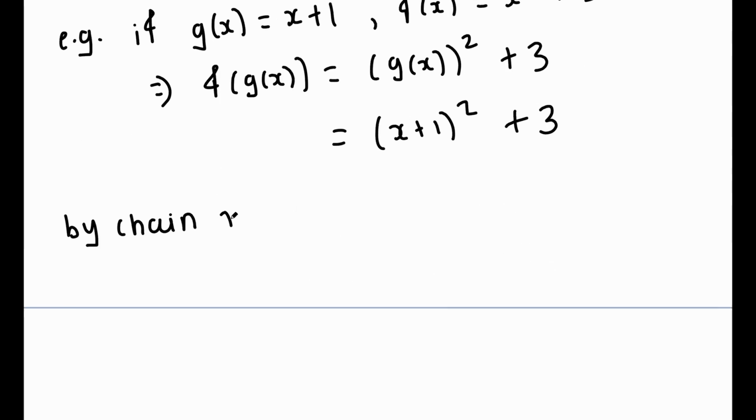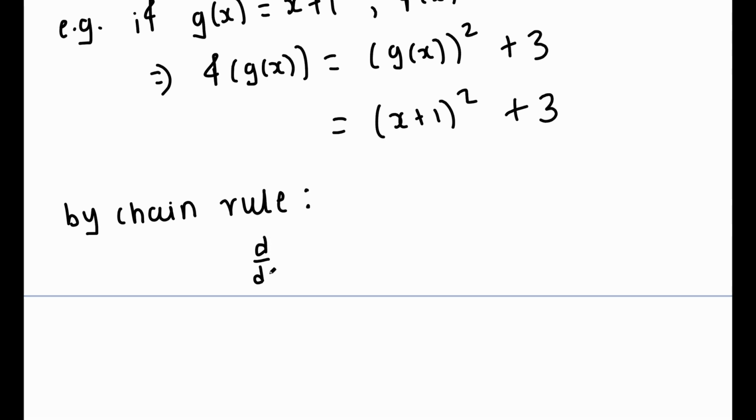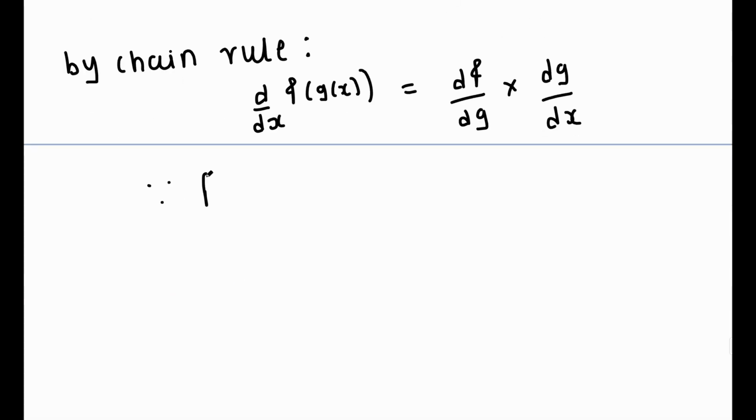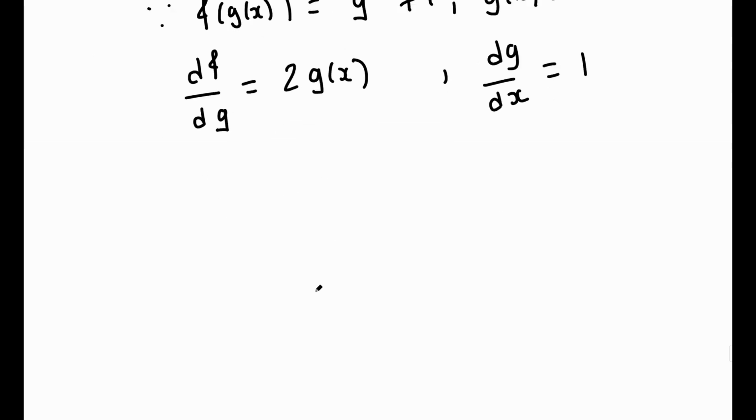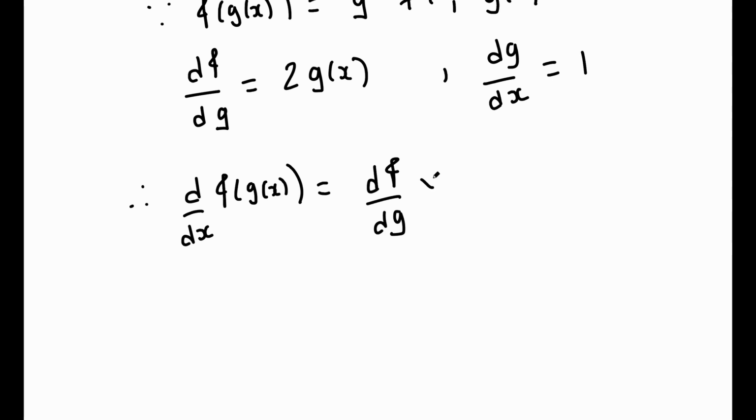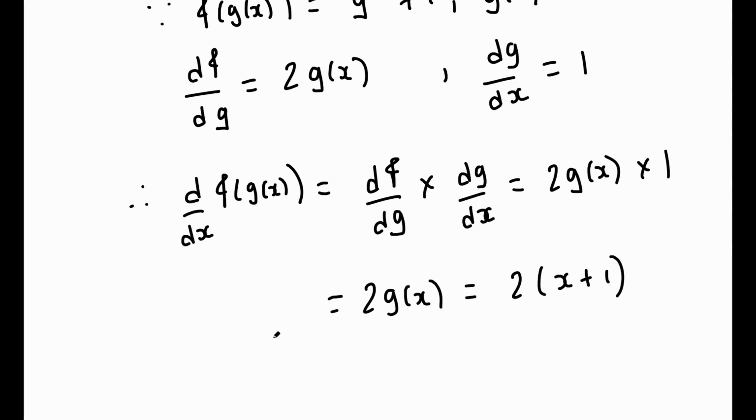By using the chain rule, the derivative of f of g of x with respect to x is given by the derivative of f with respect to g into the derivative of g with respect to x. In this case, the derivative of f with respect to g evaluates to 2g and the derivative of g with respect to x evaluates to 1. So the final answer is 2 into x plus 1.